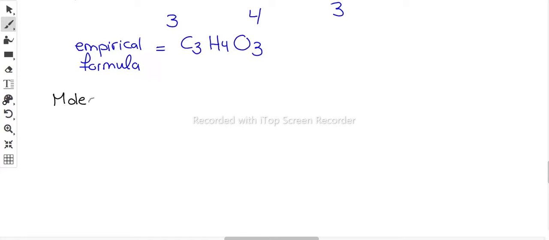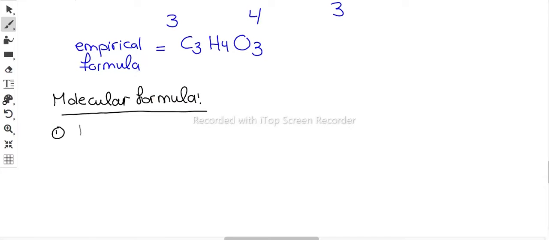So I have now the molecular formula calculations. The steps for the molecular formula: firstly, I need to find out the molar mass of my empirical formula, of course. Going to my empirical, this is my empirical.